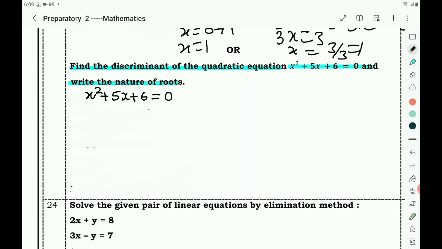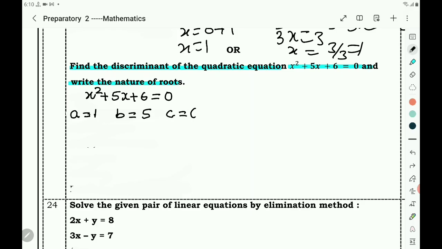Discriminant of the quadratic equation is b square minus 4ac. So write the values of a, b and c. What is a? a is the coefficient of x square, which is 1. b equals the coefficient of x, that is 5. c is the constant, 6.